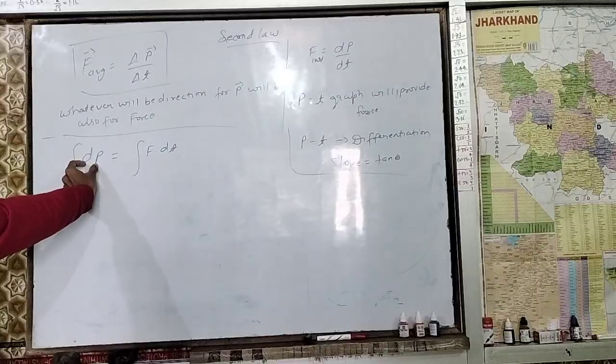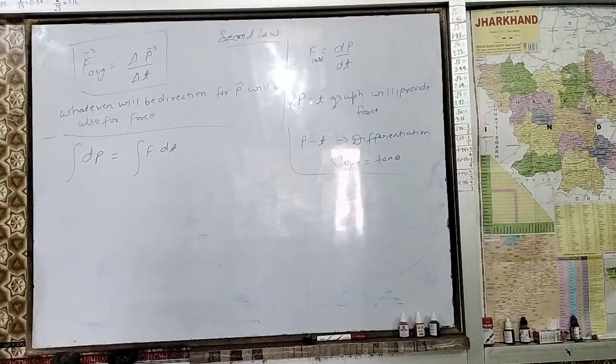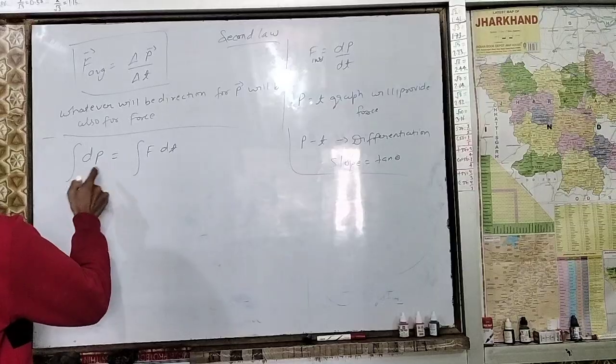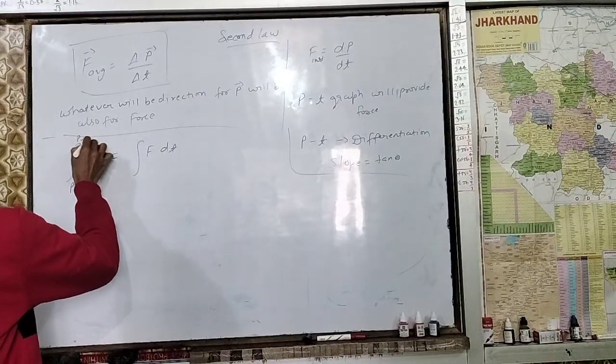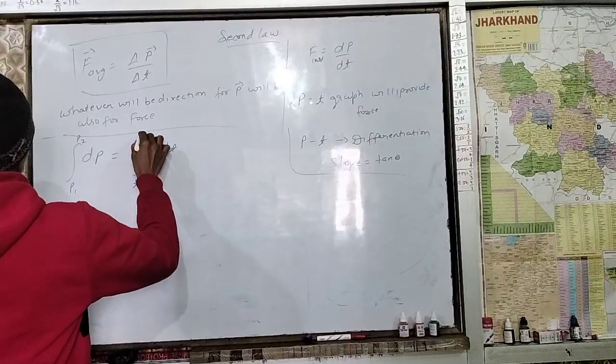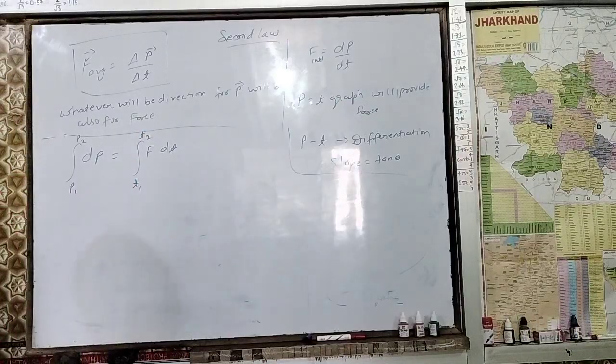How did it come? From here, dp is equal to F into dt. Here we are finding total momentum. So the limits are P1 to P2 for momentum, and T1 to T2 for time. This formula we will use. There are some questions based on this formula.